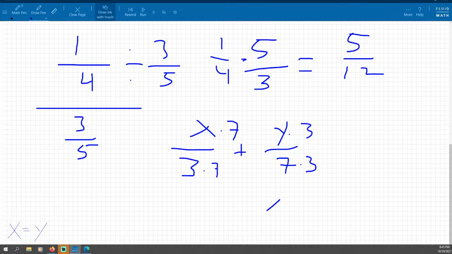So then you have x times 7 over 21 plus y times 3 over 21. And then you can add these together. So if the x was 4, y was 2, you'd have 28 plus 6.